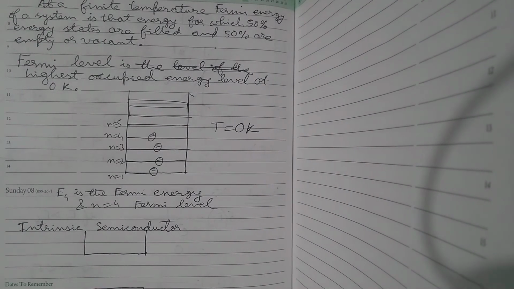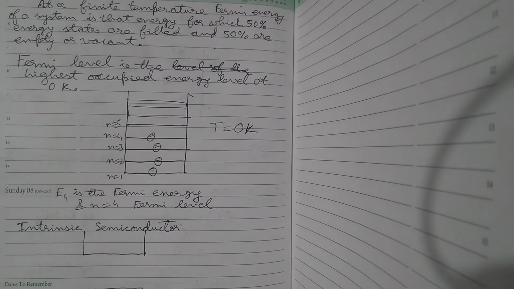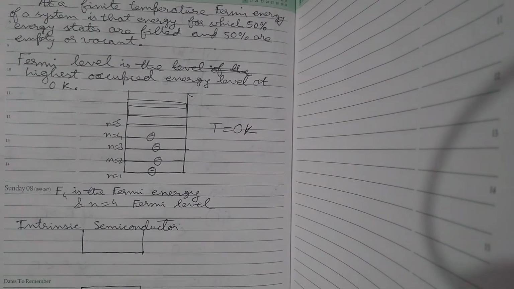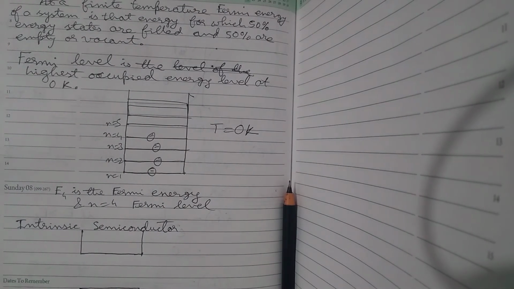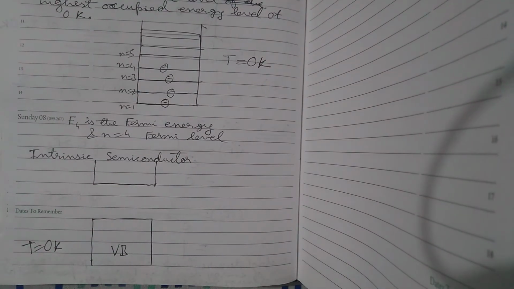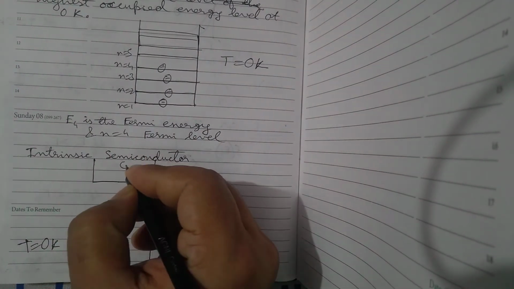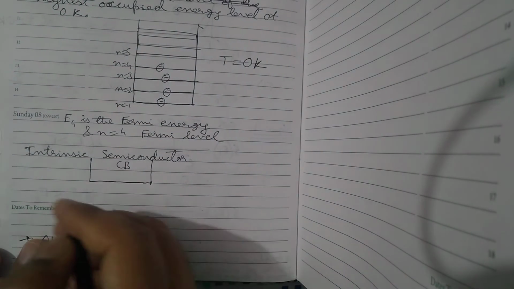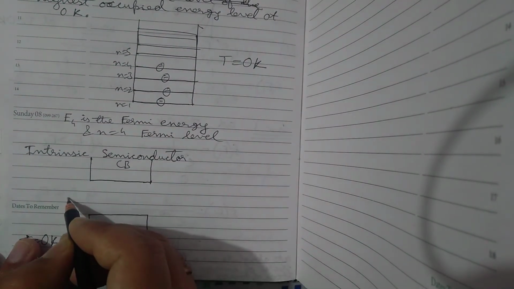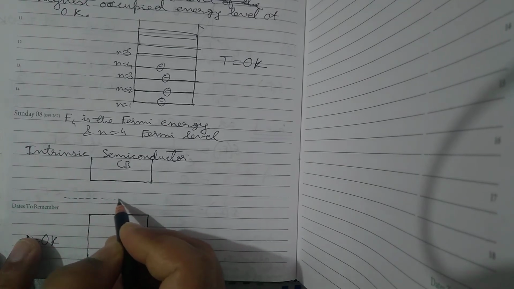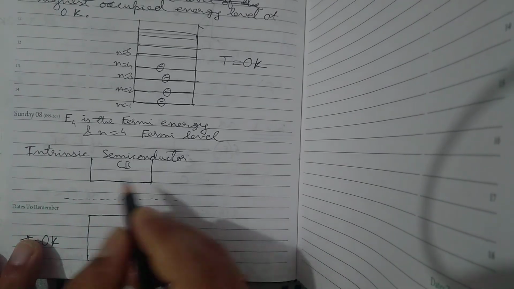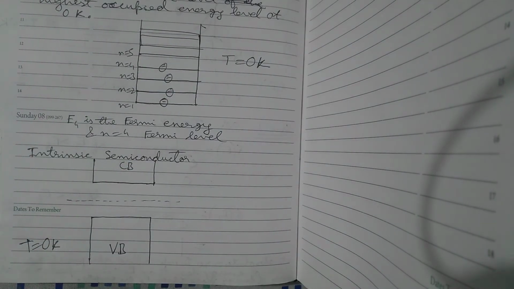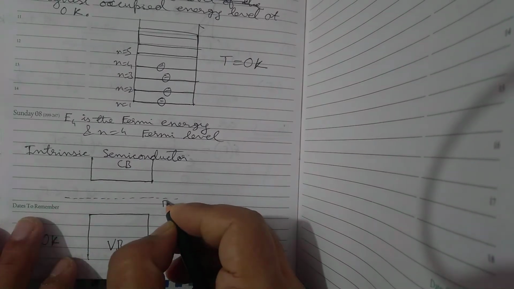Now what happens at T equal to 0 Kelvin? In an intrinsic semiconductor, this is the valence band and this is the conduction band. Where is the Fermi level? The Fermi level lies almost at the middle of these two bands. So this is the Fermi level, EF.